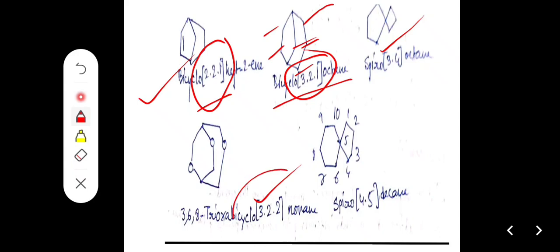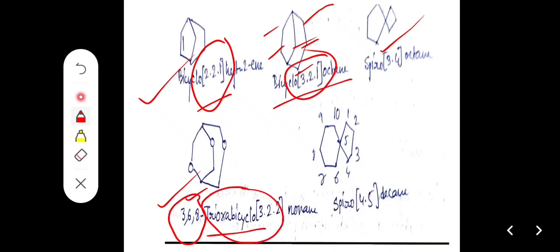Similarly 3.2, we retain full stop. 4.5, we retain full stop. So we can justify there should be 3, 6, 8, that is a similar type of locant. In between them, we retain comma. The locant and the word, in between these, we retain hyphen.